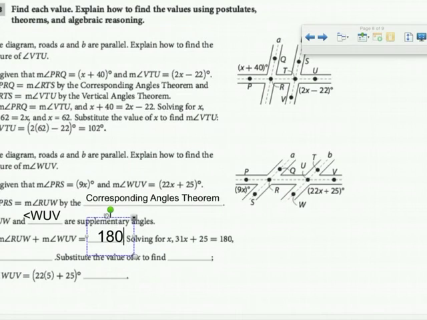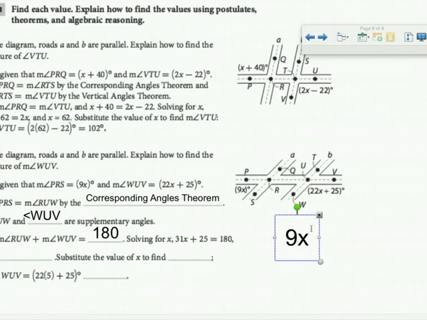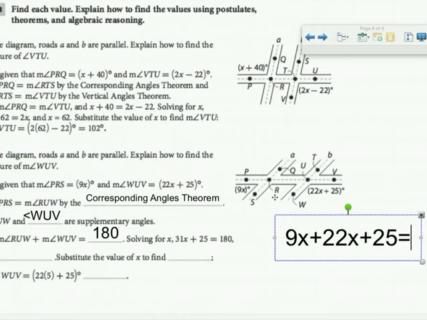Now the book kind of skips a step here that I want to make sure that you understand. It says solving for x, this equation. Understand what they did. RUW is equal to 9x, so they took the 9x, and WUV is this 22x plus 25. That equals 180.